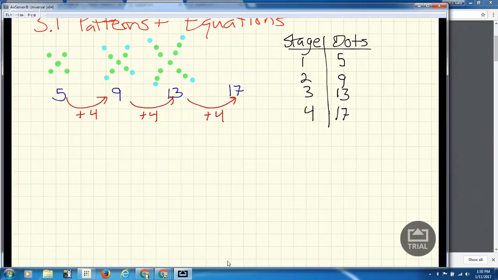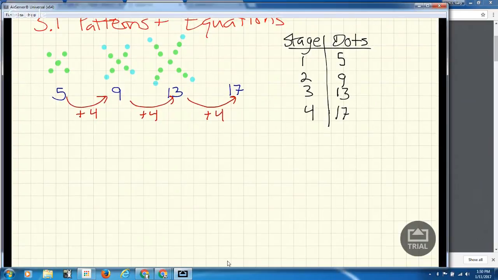And then a cool thing about this pattern is that as we move through this column here, we just keep adding 4, right? And so we've got a nice consistent pattern. As we move up for each stage, the number of dots jumps up by 4.